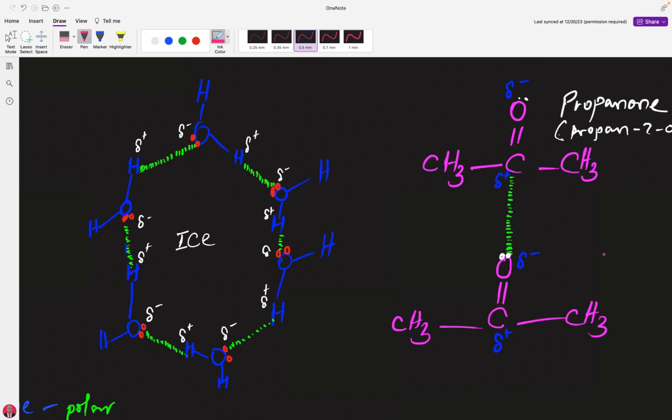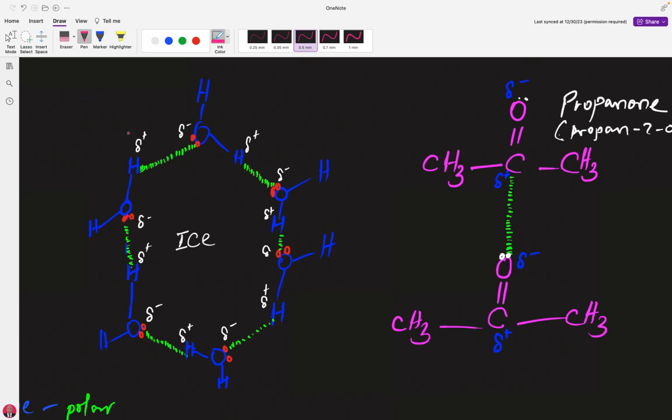A hydrogen bond is a chemical bond that is formed when a hydrogen that is covalently bonded to a highly electronegative element, such as oxygen, attaches itself to a lone pair of electrons on a second highly electronegative element.